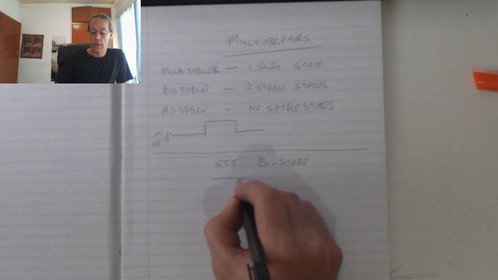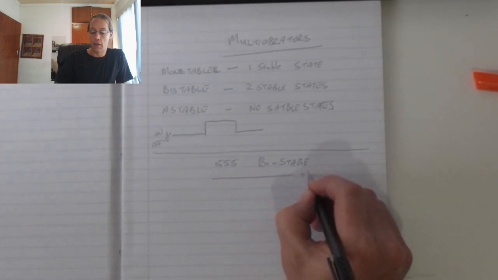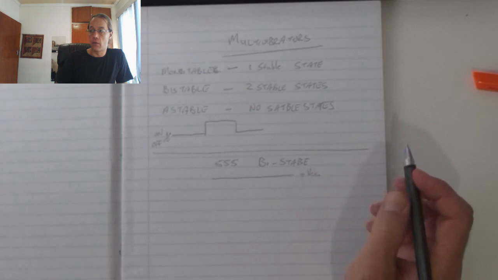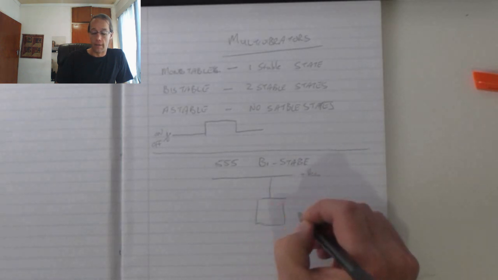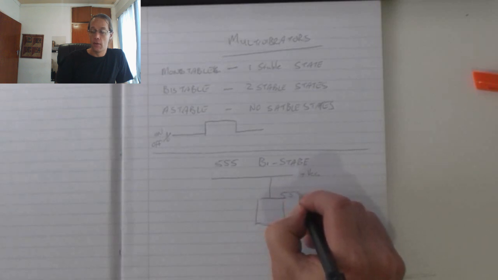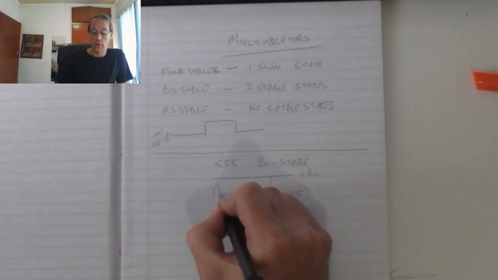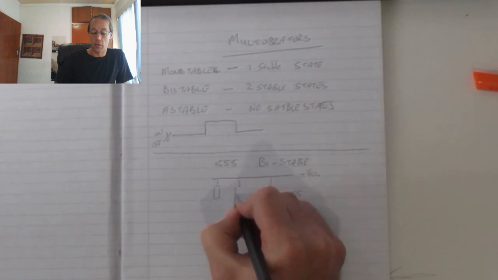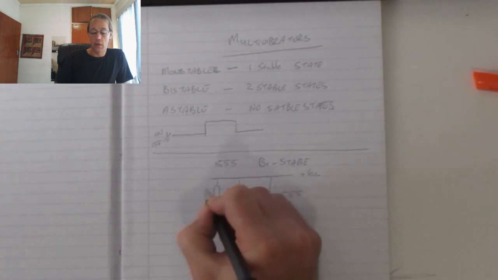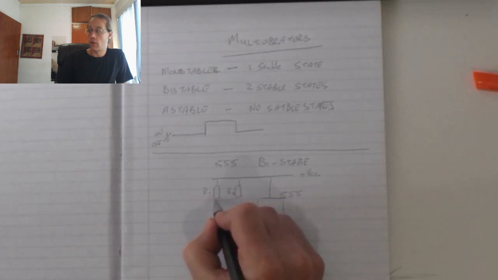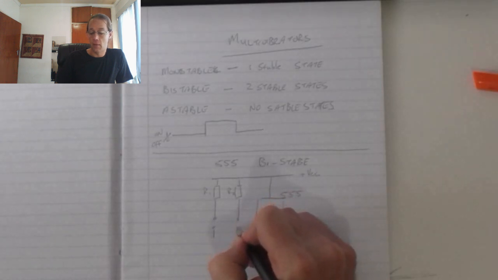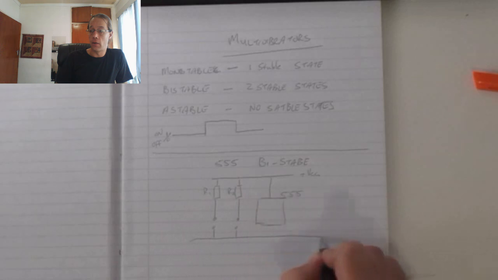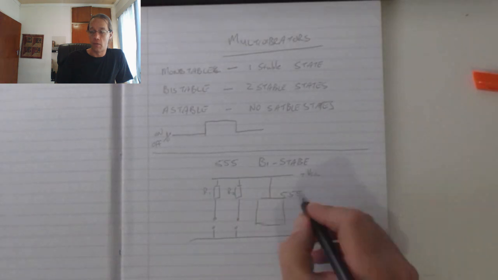Now the circuit diagram, we've got our positive supply voltage at the top, that goes down into my 555 IC, and then on the two inputs I'm going to have two pull-up resistors, let's call them R2 and R1. These are going to connect to switches, and then at the bottom we're going to connect to 0 volts.